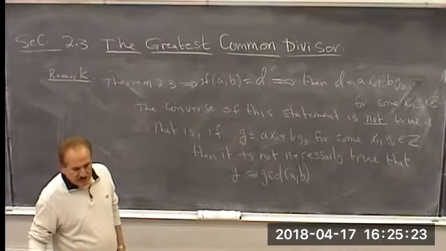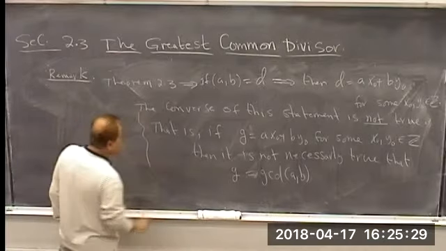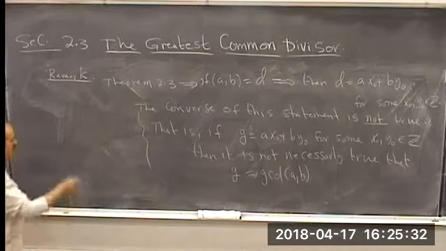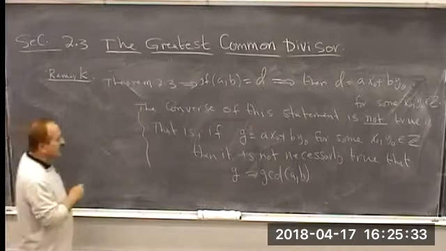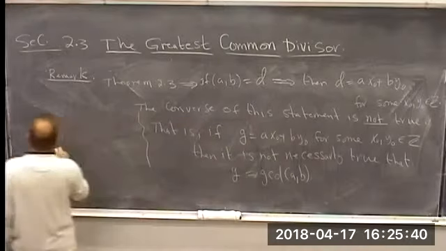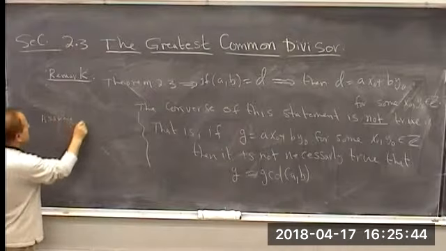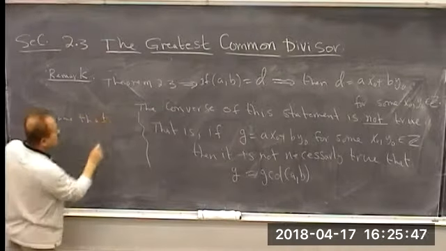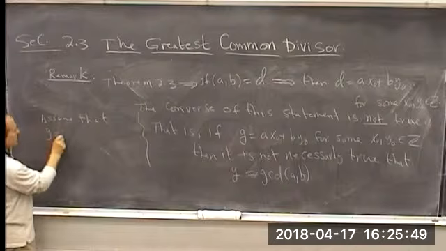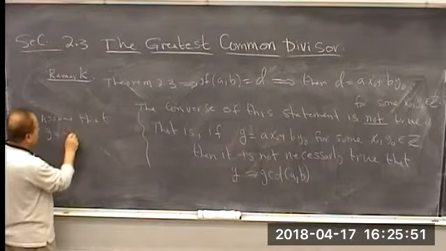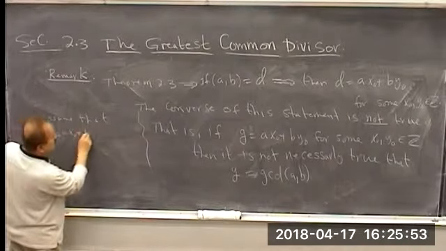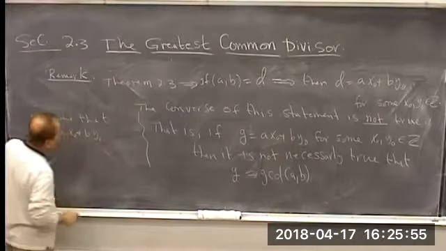Let me give you an argument why this converse is not true. Assume that G is equal to AX sub 0 plus BY sub 0.